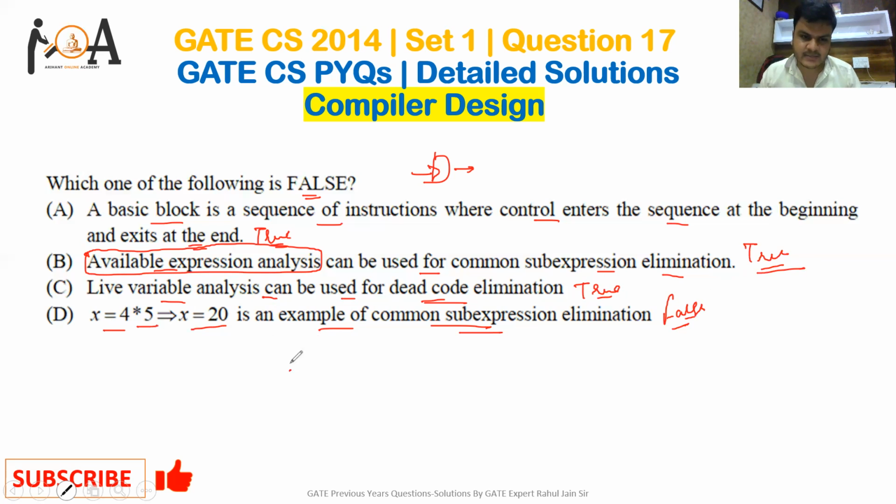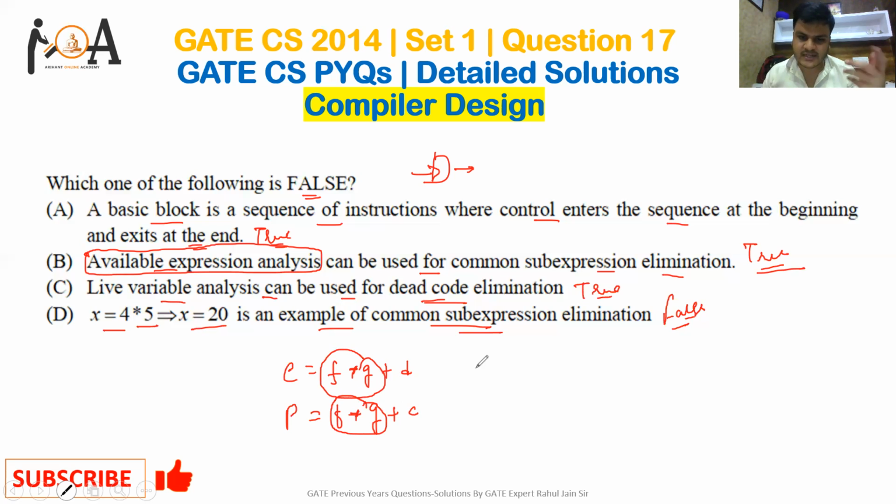Common sub-expression elimination means, suppose E equals F into G plus D, and P equals F into G plus, say, C. Then F into G is recomputed again and again.